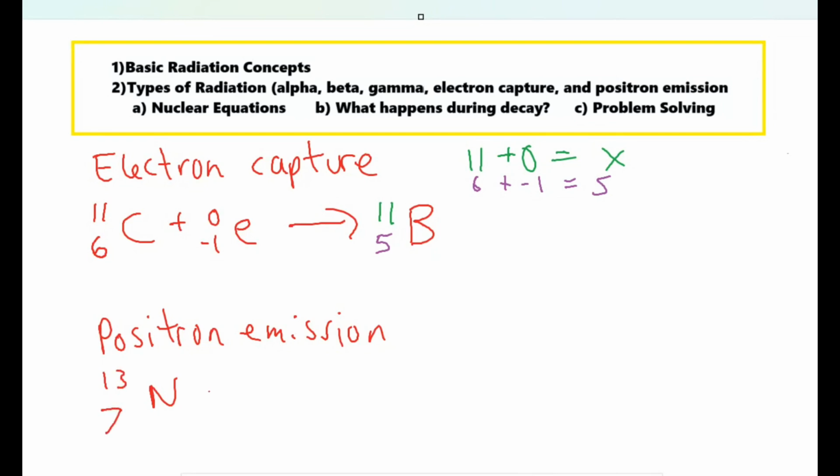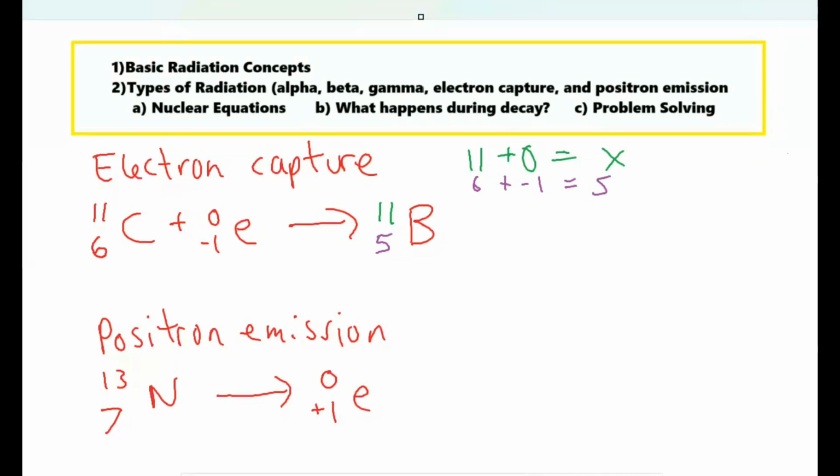And then a positron emission is similar to beta, except it's releasing a positive particle, which is kind of the exact opposite of what an electron is. But it's emitting the positive particle from a proton and converting it into a neutron.